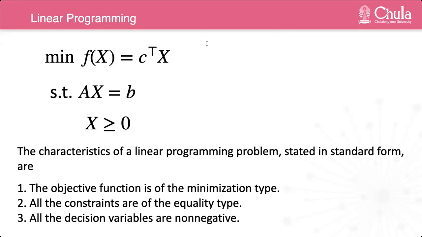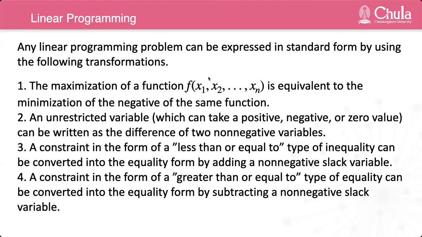Okay, so let's move to the next one. Any linear programming can be expressed in a standard form by using these rules. The first one: maximization of a function is equivalent to the minimization of the negative of the same function.